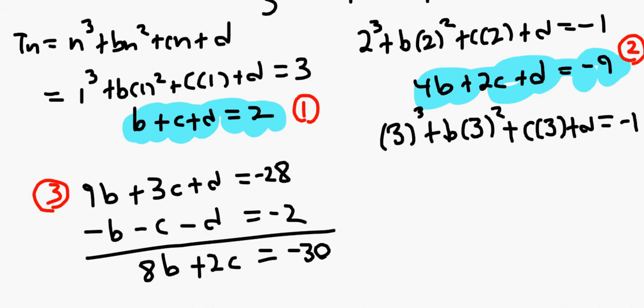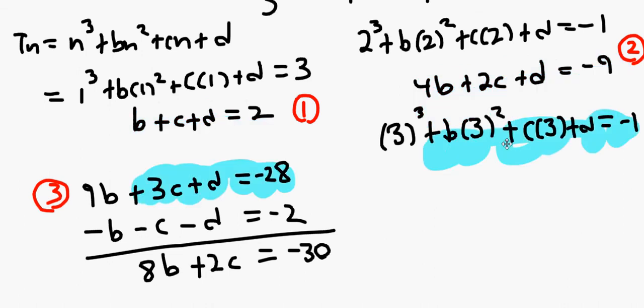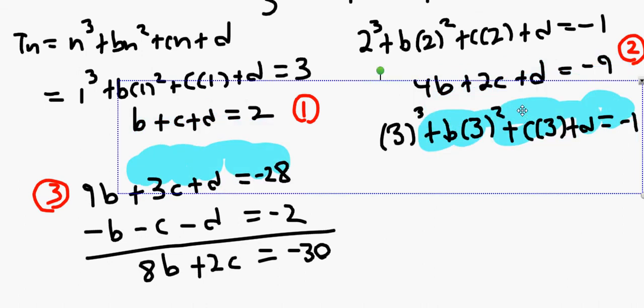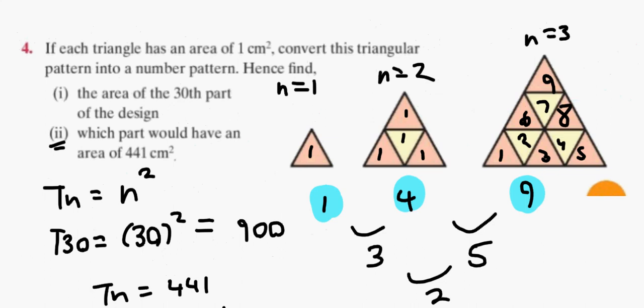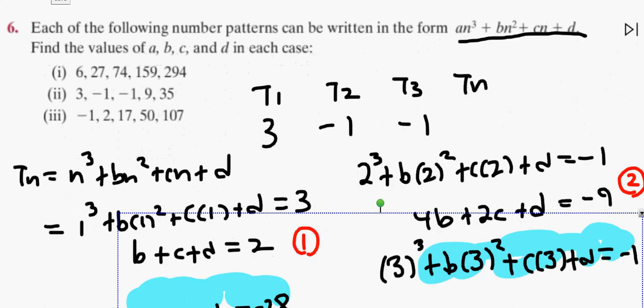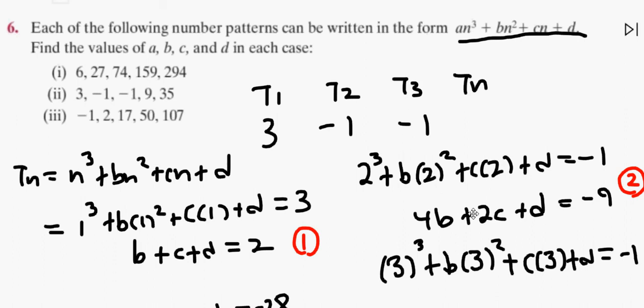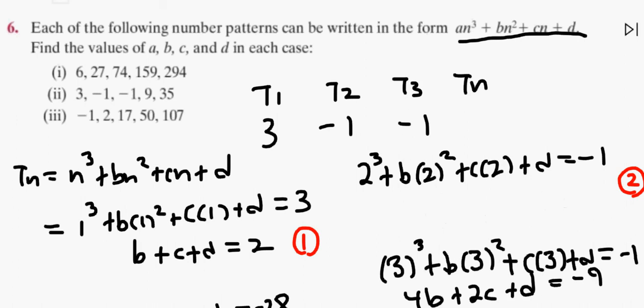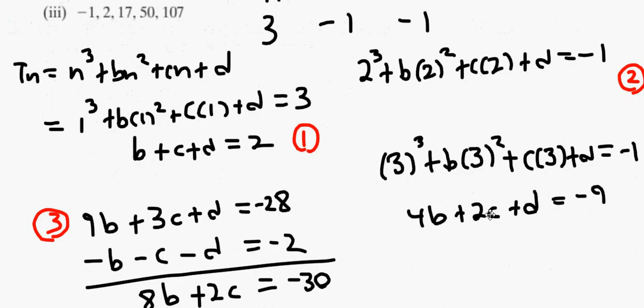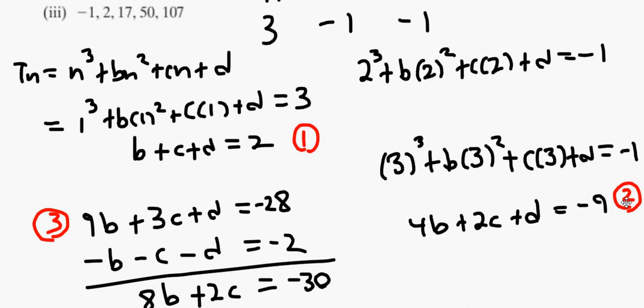Next thing I'm going to do is equation 2. I'm going to take away equation 1. So there's equation 2. And we're going to take away equation 1. And what do we get this time?